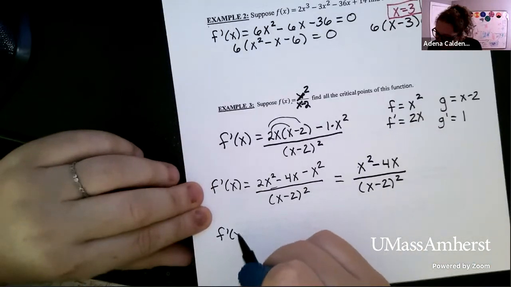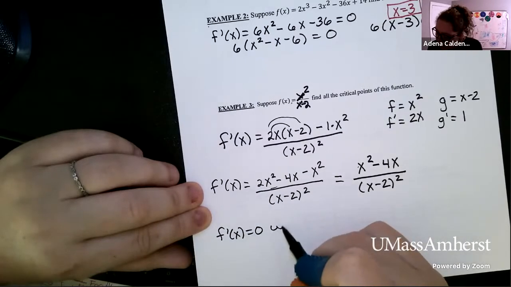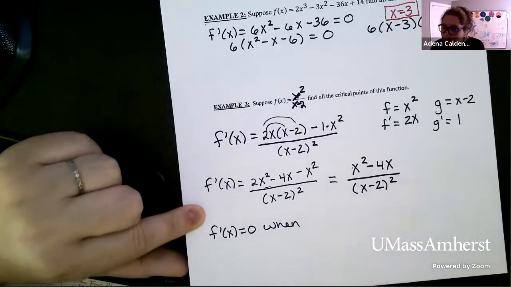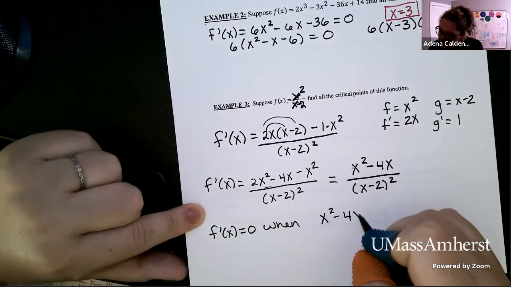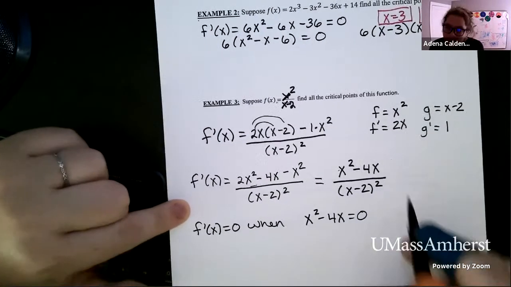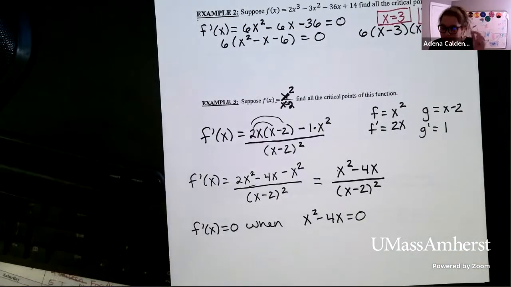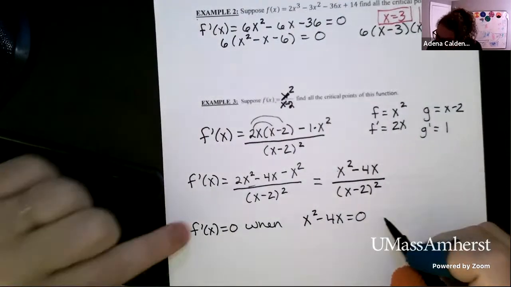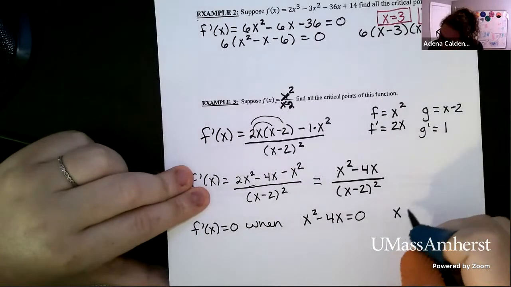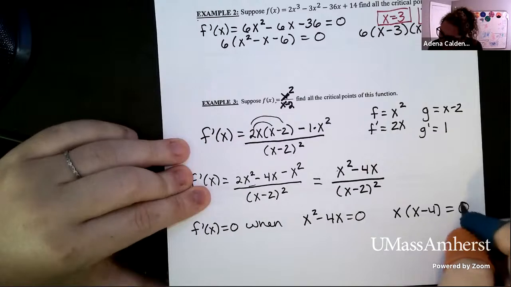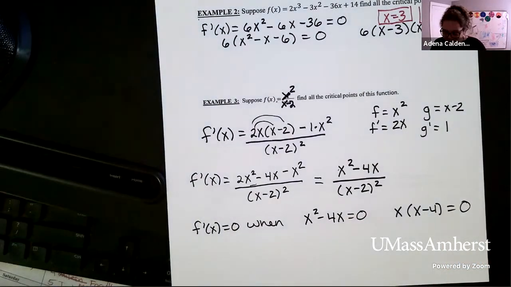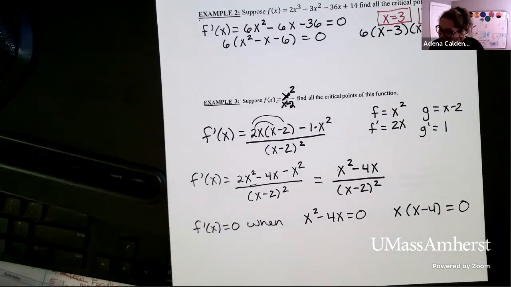Okay, so f prime of x will equal 0 when the numerator equals 0. So if the top part equals 0, then the fraction will equal 0. So I can isolate that numerator and I can factor it. So I pull out an x and I'm left with an x minus 4 equals 0. So here I'm thinking again about each factor.